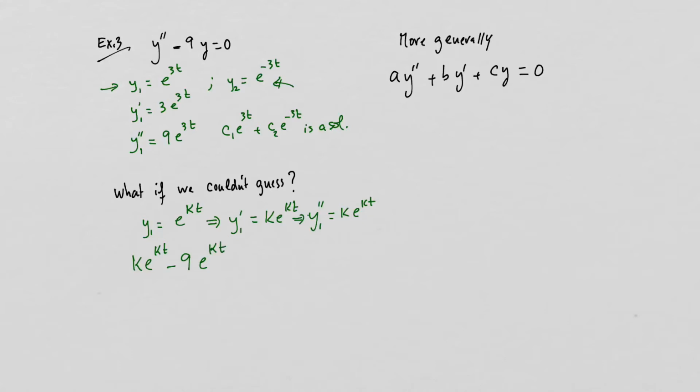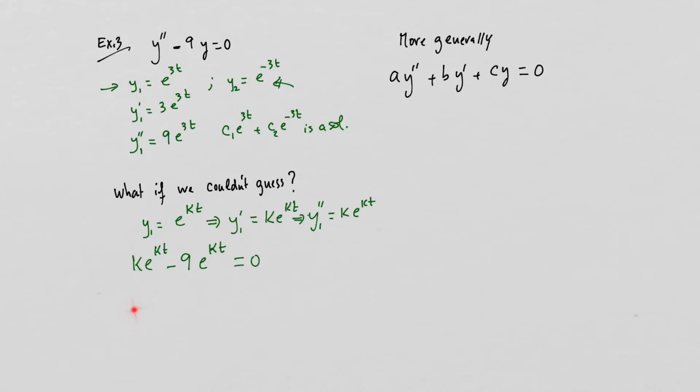Here's what I did. I took y double prime, here it is, minus 9, the y, what we think the solution is going to get. And for it to be a solution, it has to satisfy the equation. So I have to write 0.